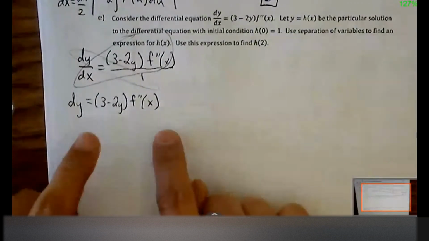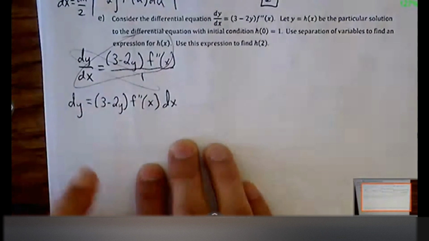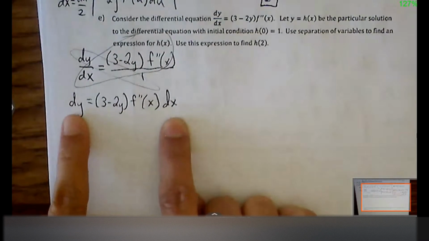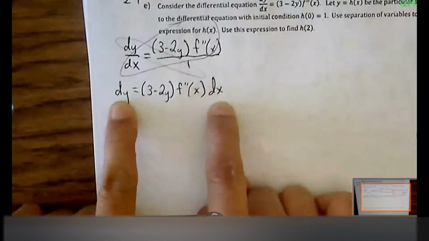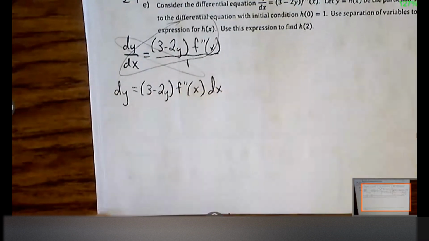After I cross multiply, I have my dy, my dx set up where they're in the right places. The only thing that's out of place is that 3 minus 2y, so I need to divide that over.